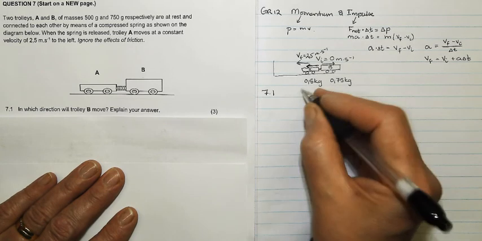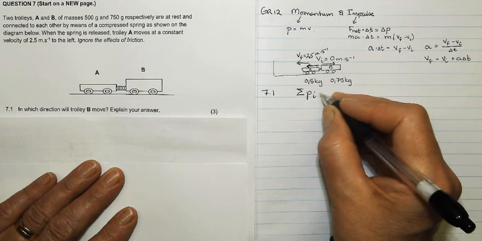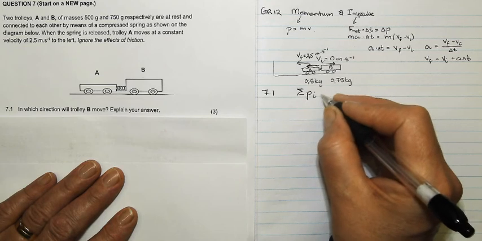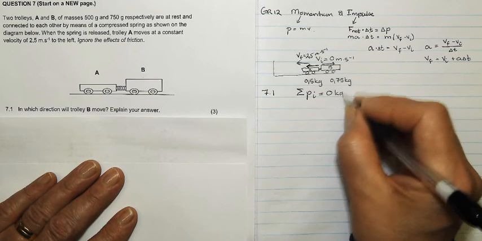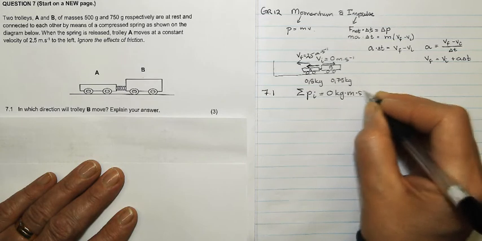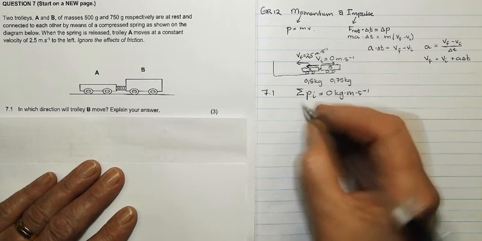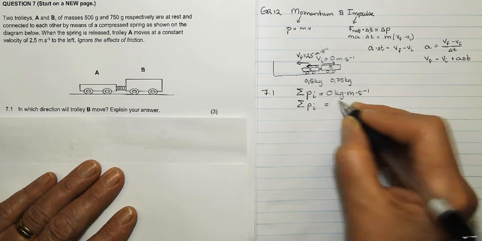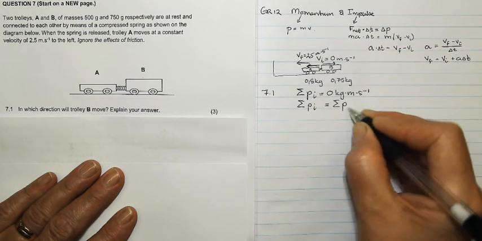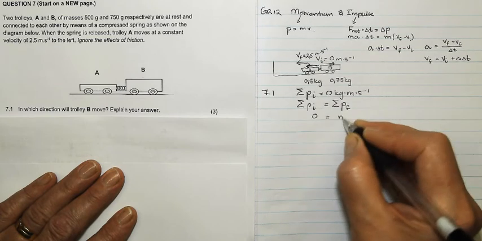Now the total initial momentum of the trolleys is 0 kilograms meters per second because they are stationary before. This total initial momentum must be equal to the total final momentum.